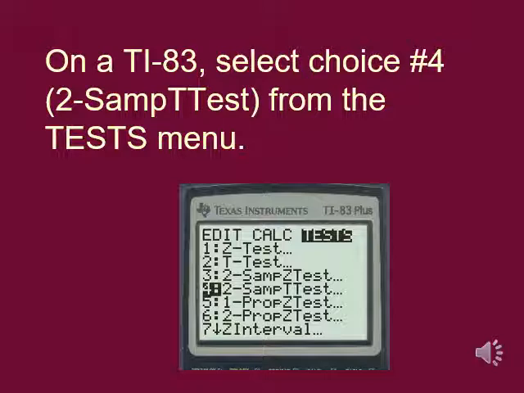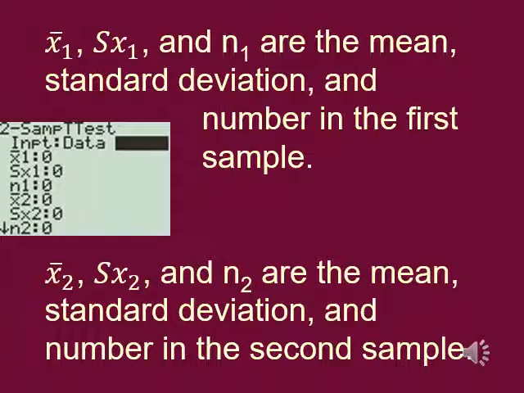When you go into the two sample t-test, you're going to find that it has a really busy looking menu. It asks you a whole bunch of different questions, although when you look at what it's asking, most of them are pretty straightforward. It asks for X bar 1, SX1, N1, X bar 2, SX2, and N2.